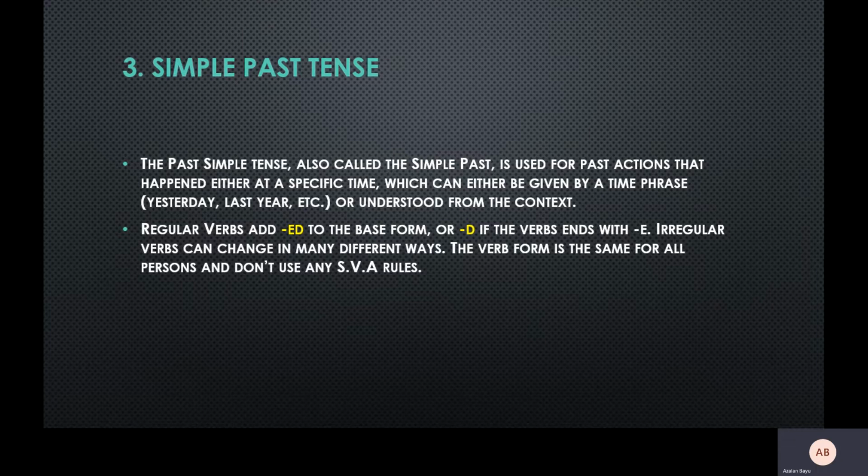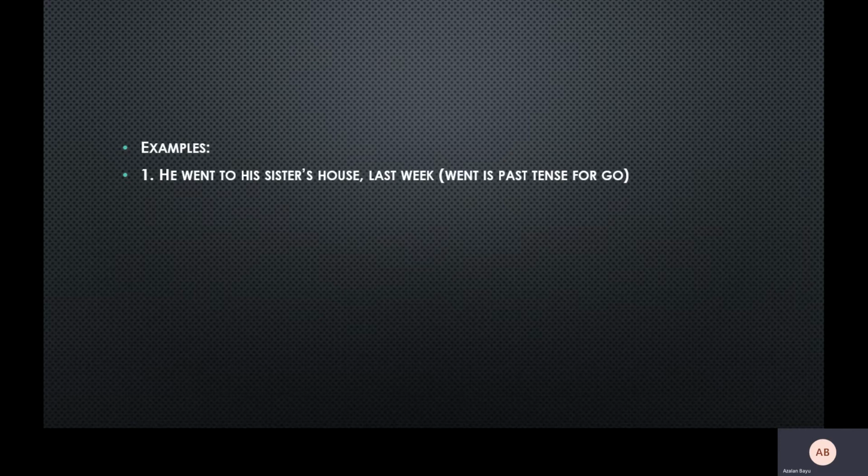One good thing in past tense, you don't need to follow the subject verb agreement rules. You just focus on how to form the verb into the past form. For example, he went to his sister's last week.